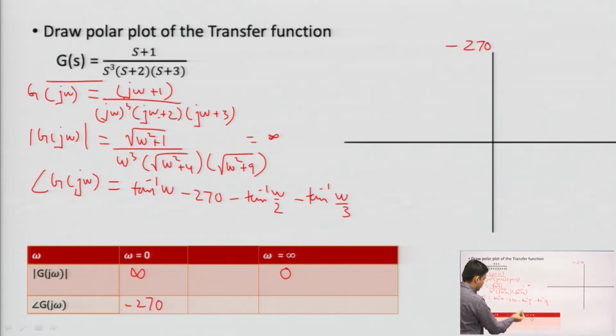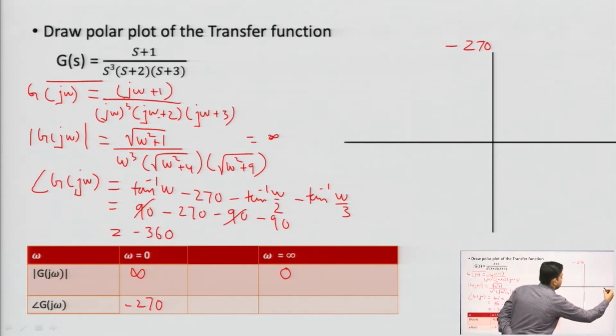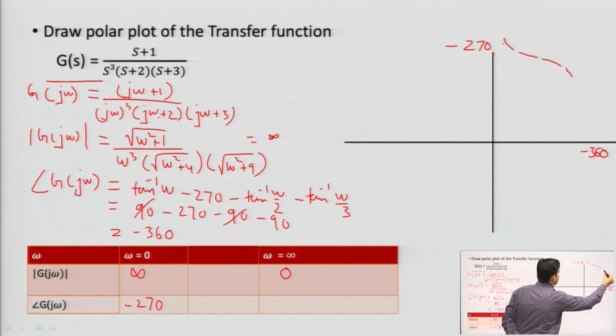And when I put omega equal to infinity, it is 90, minus 270, minus 90, minus 90. So, this will cancel out and this will make minus 360 or 0 degree. So, here I need to terminate at the angle of minus 360. I will start from here and then I have to go like this.